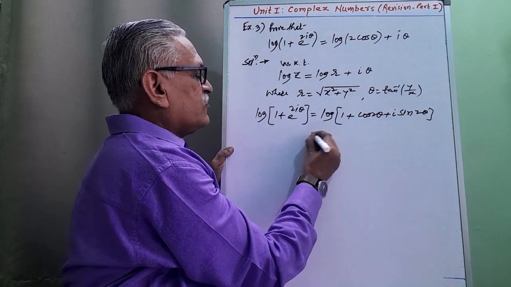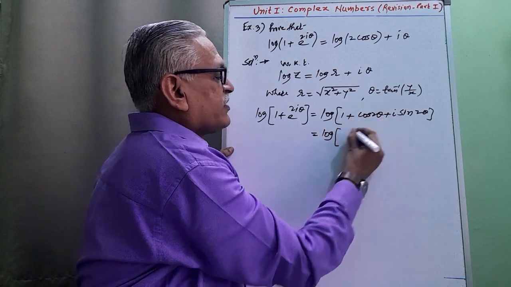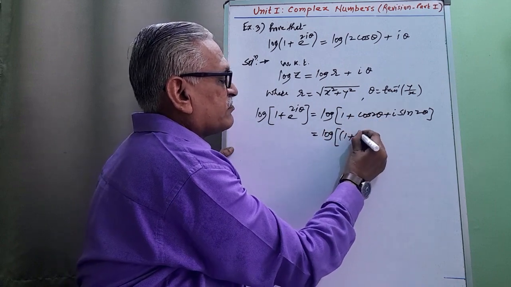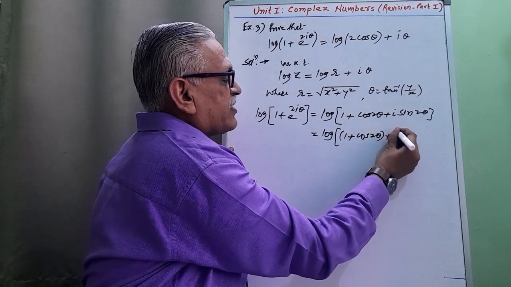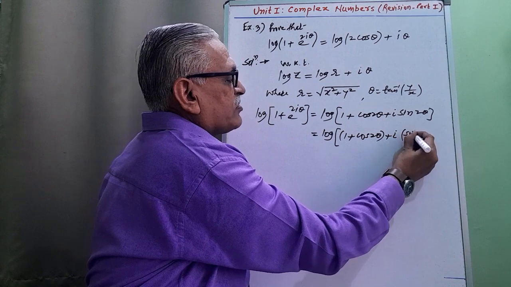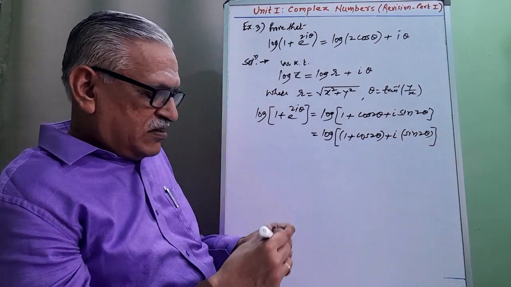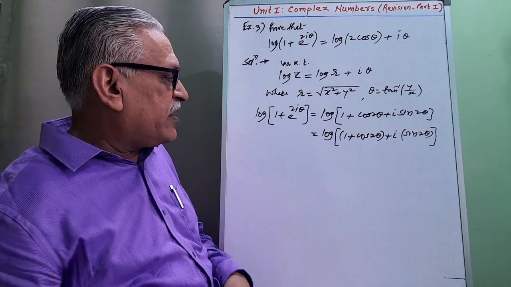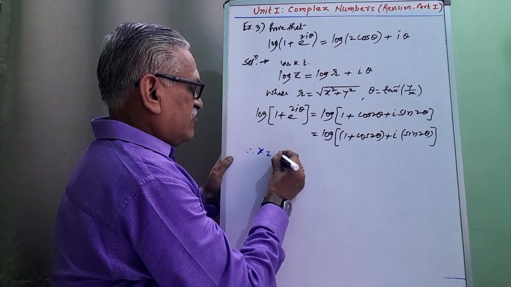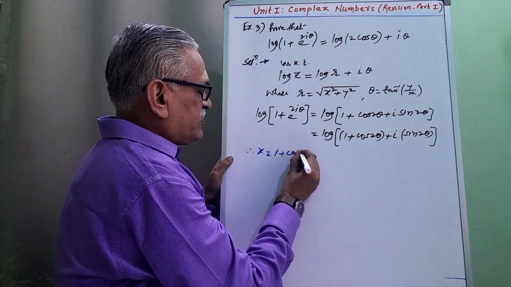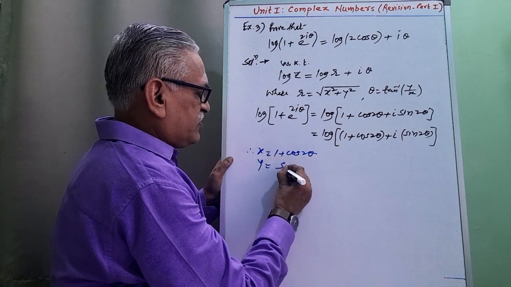And therefore, it is log of real part is 1 plus cos 2θ and plus i times sin of 2θ. Therefore, here x is 1 plus cos of 2θ and y is sin 2θ.